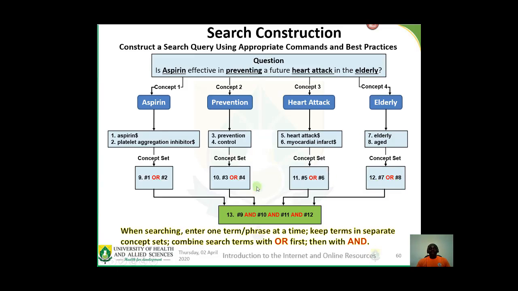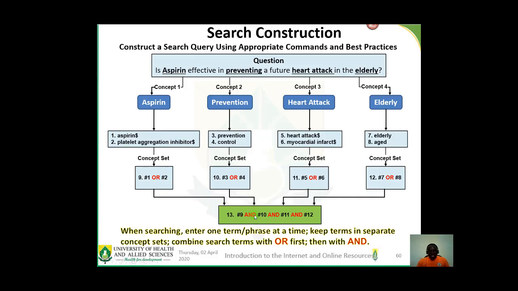So now, having all these, in writing our final search query or search term, we simply say number 9, which is what? Aspirin or platelet aggregation inhibitors, put in brackets, AND. Now this AND is the Boolean operator AND.